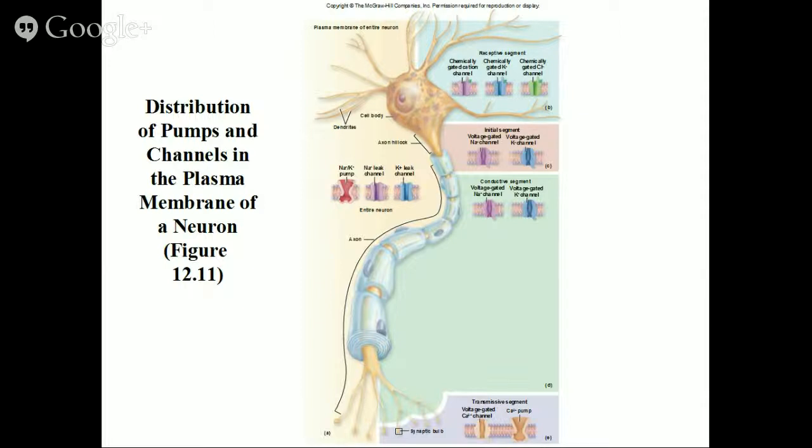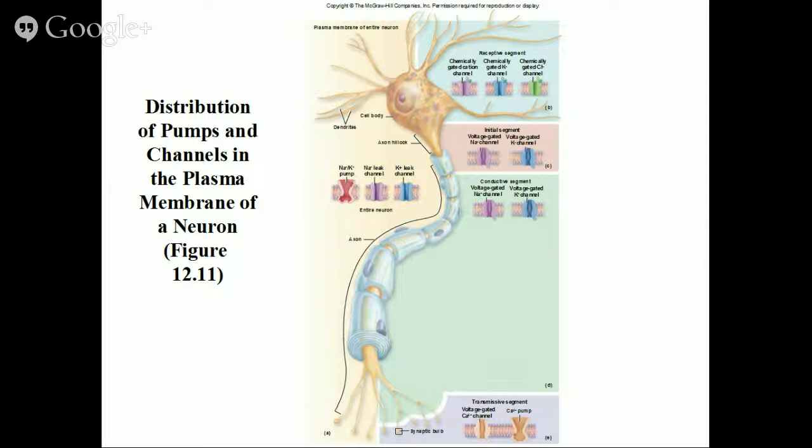So at the initial segment at the axon hillock, those channels open, and enough positive ions come in to get the voltage high enough to activate the voltage gated channels on the conductive segment.